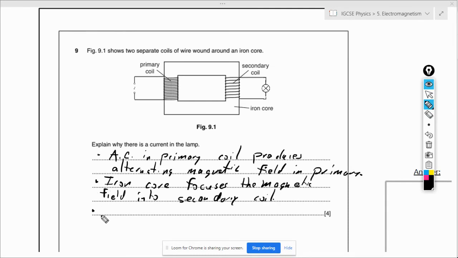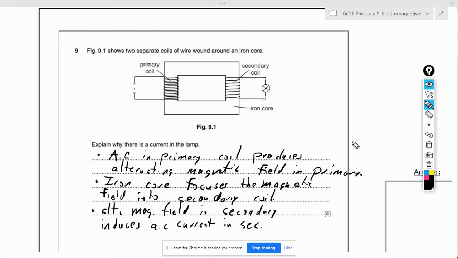Point 3 is the alternating magnetic field in the secondary coil induces an alternating current. So I'll just write alternating magnetic field in secondary. The important word here is induces an AC current in the secondary.